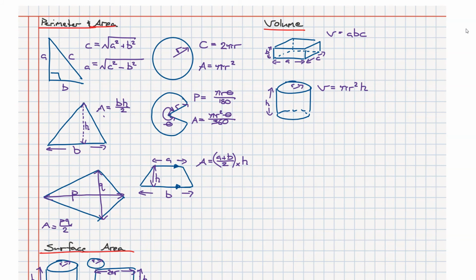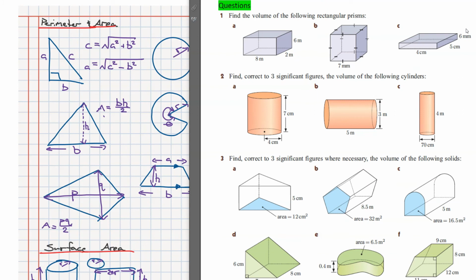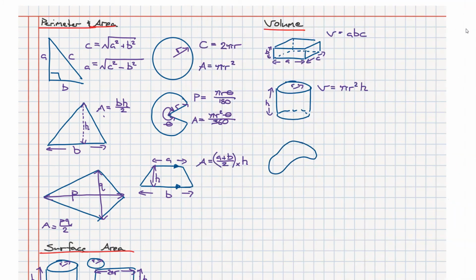Now the other shapes that we have here are some interesting composite shapes and extruded shapes. What we're going to find is that it will always give us the area up here and then it will give us the height.